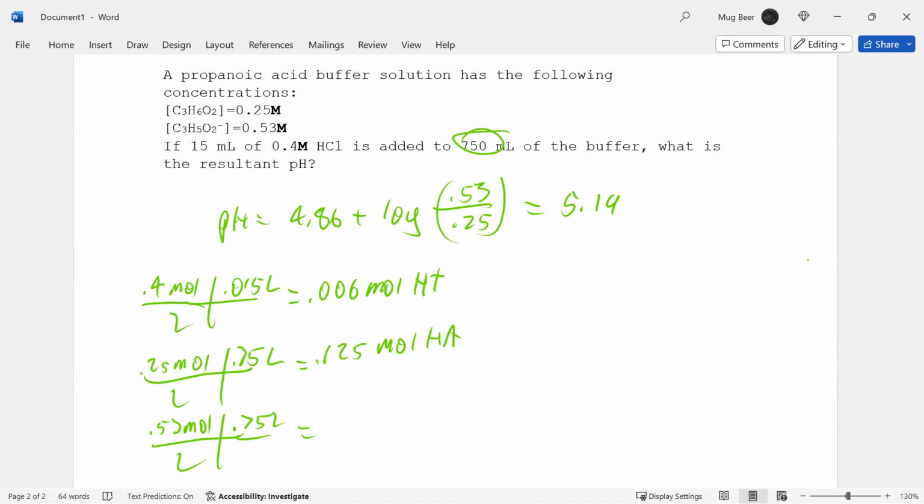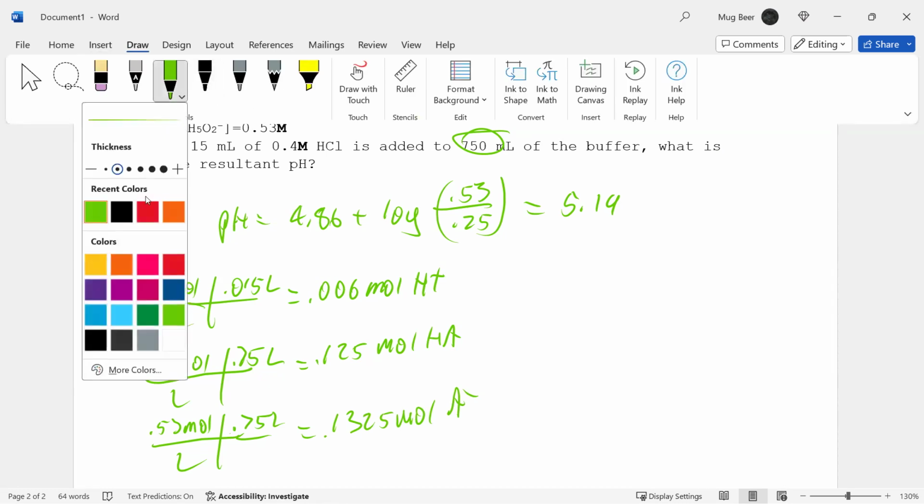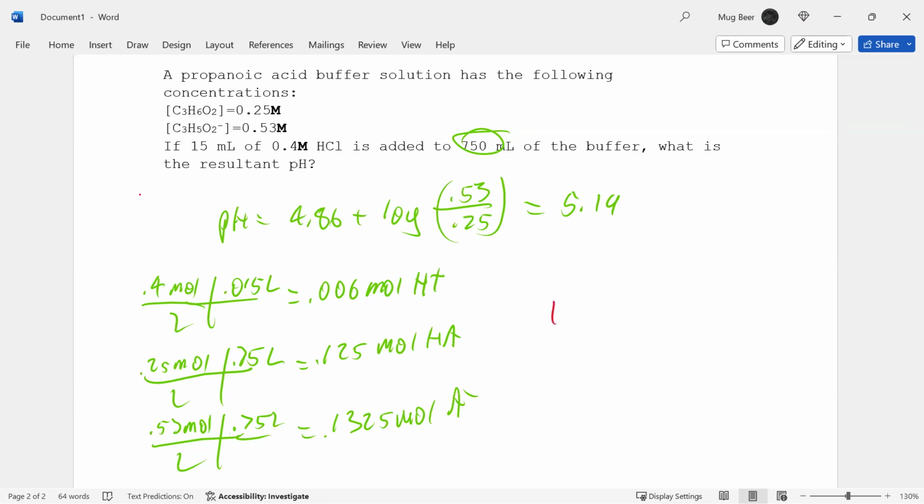So I get 0.1325 moles of A negative. I'm going to go ahead and make an ICE table again. So initially I've got 0.125 here, and I've got 0.1325 here.